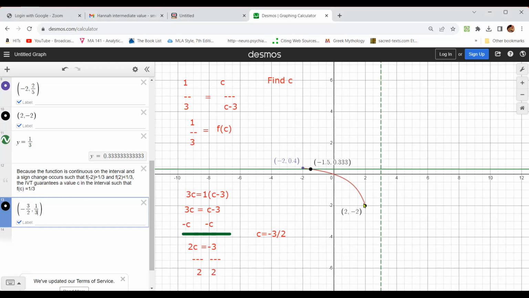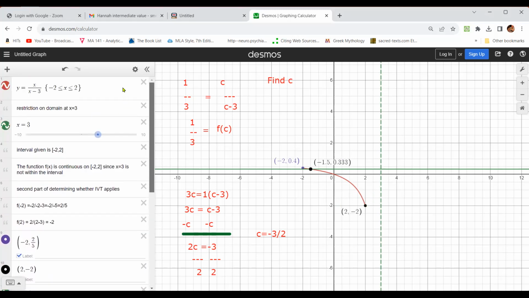That's all. Okay? So remember that whether you're doing it for a composition or a single function, you're first showing that it applies. If you have domain restrictions on your function, they're not going to cause you problems unless they're in the closed interval that you're talking about.